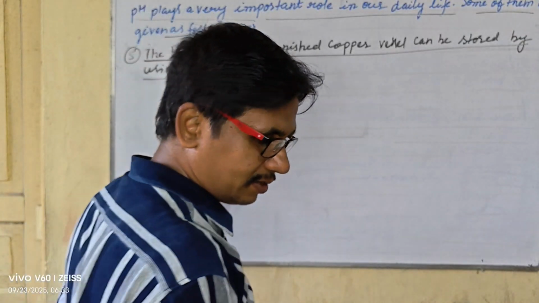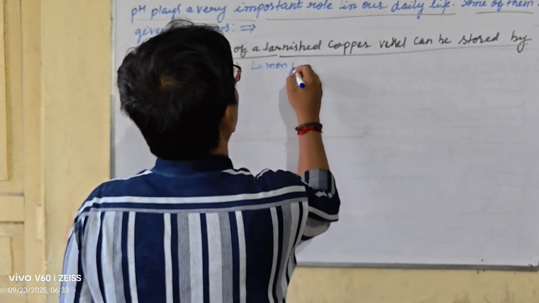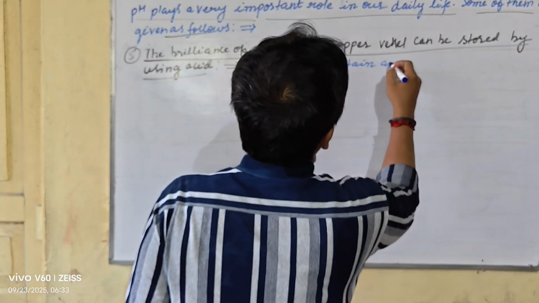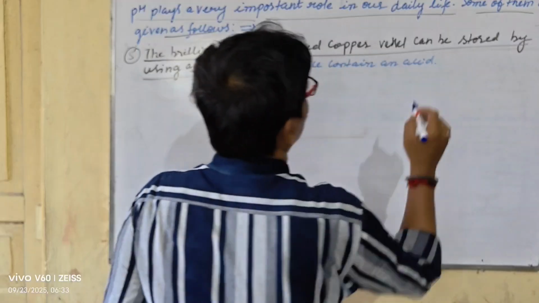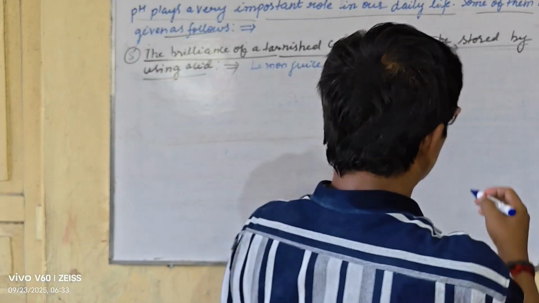Lemon juice contains an acid. So this lemon juice is used in order to clean a copper vessel.